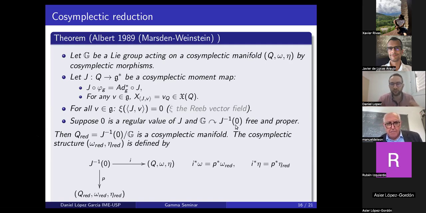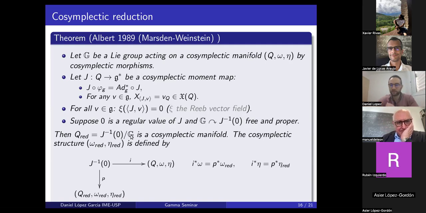This is a manifold such that the tangent space is what you expect: the kernel of the tangent of the momentum map. Yeah, it's everything you want, the minimum. Okay, yes. Exactly, and for sure, this free and proper is just for this to be a smooth manifold. But okay, if you suppose that this is a smooth manifold, that works.